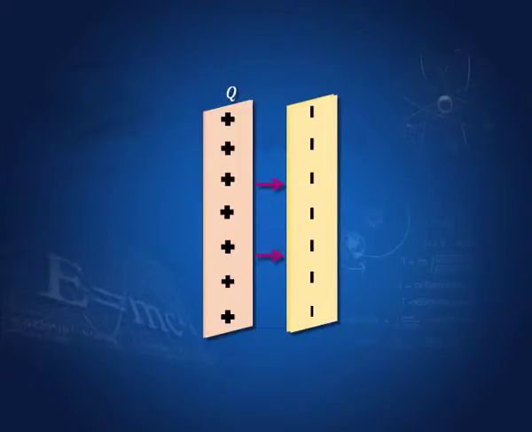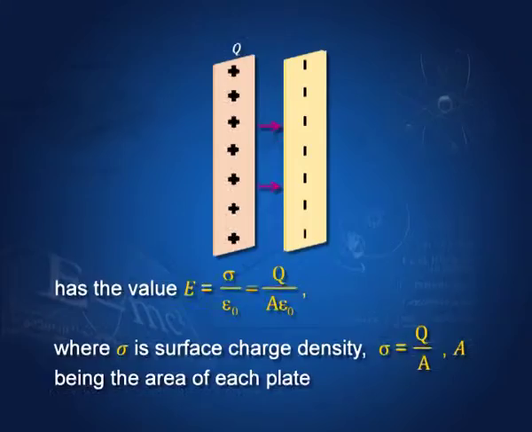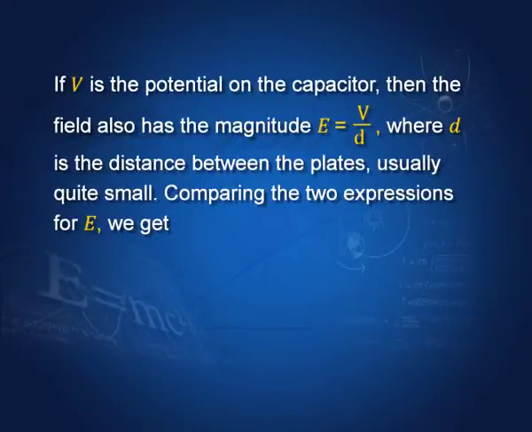The field at a point in between these two parallel plates, as I have discussed already, is sigma by epsilon 0, and if q is the charge on any of these plates, then the charge density is q by A, where A is the area of this plate, and therefore, the electric field is q by A epsilon 0. And if V is the potential difference, then the field also has the magnitude E equal to V by d.